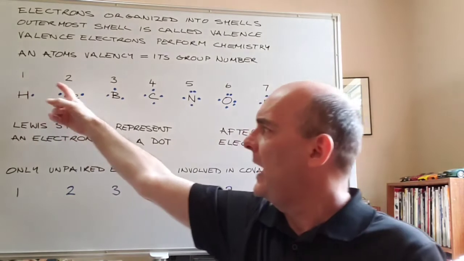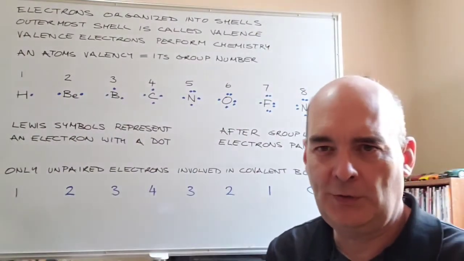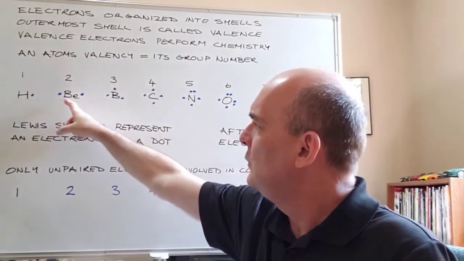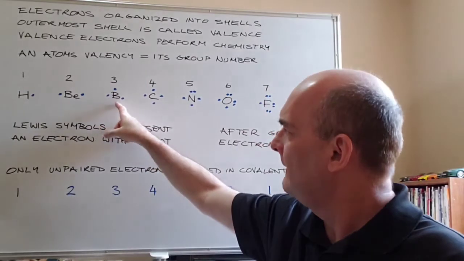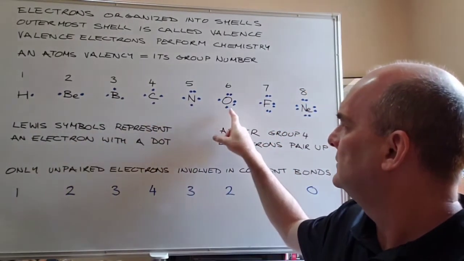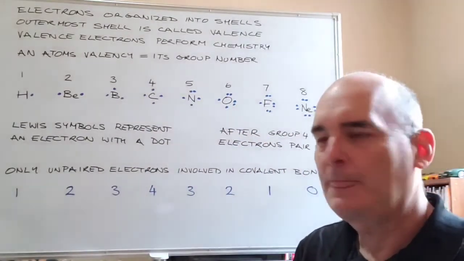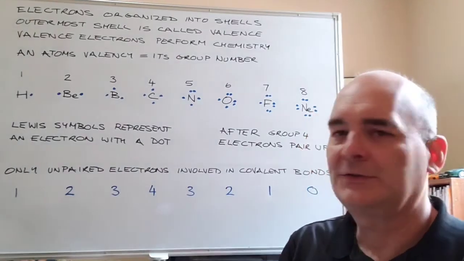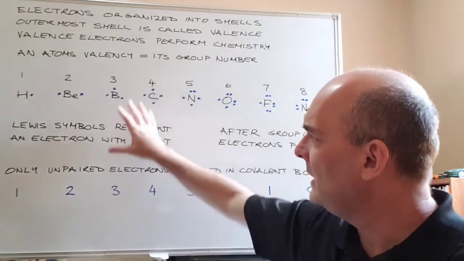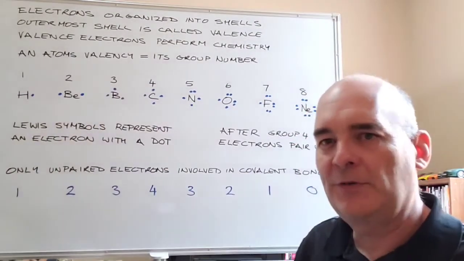And if I look at the number of groups in the main block, I'm only dealing with 8 groups, then as I move across the period, the number of dots increases, ultimately getting to 8. So these are Lewis symbols that represent individual atoms. It is a representation of the atom, and then it shows you a dot to represent the electron.